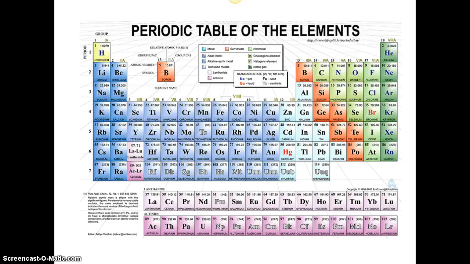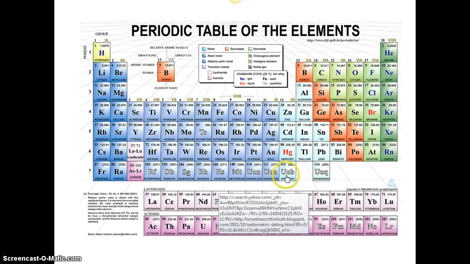You can notice the tops of the columns are numbered from left to right, 1 through 18. Columns 1 and 2, and 13 through 18, are representative elements. Columns 3 through 12 are transition elements. The bottom ones, which are purple, are called the inner transition elements. This is the basic layout of the periodic table at this time.